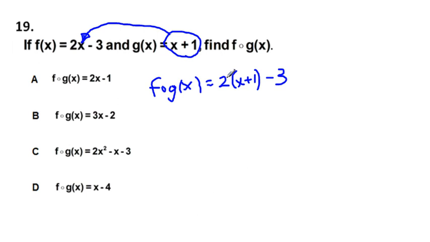And now we're going to use our distributive property, 2 times x and 2 times 1. And so that's going to be 2x plus 2. And then we're going to bring down this minus 3. And 2 minus 3 are combined like terms. So we have 2x minus 1.